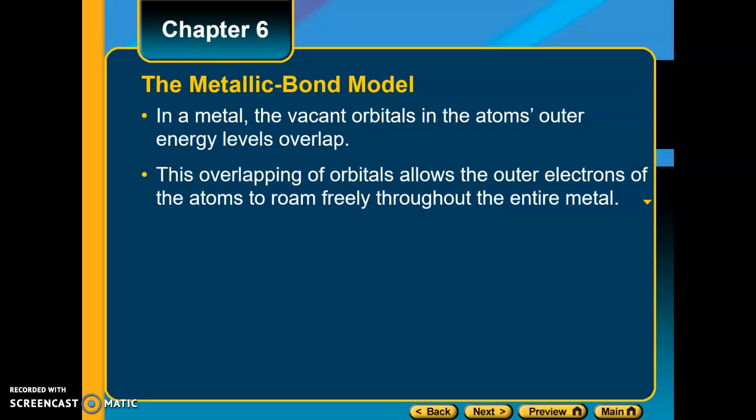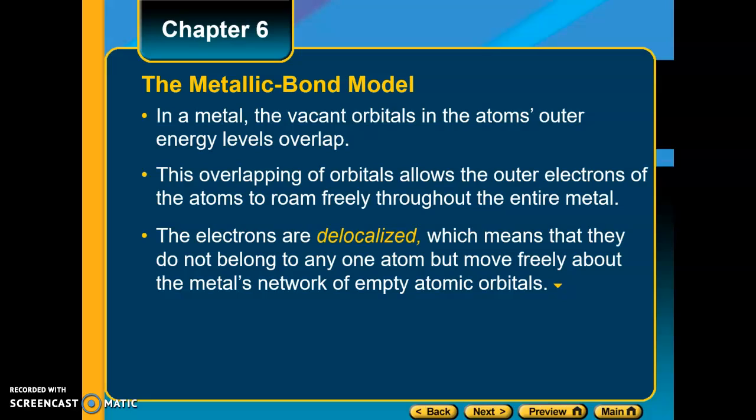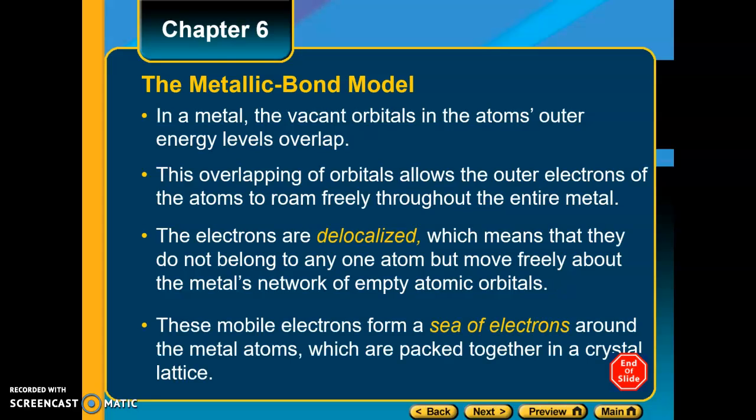What happens with these overlapping orbitals is it allows the outer electrons of the atoms to roam freely, not just around their own atom, but actually to move away from their own nucleus, their own atom, and be attracted to the nuclei of other atoms in that metal. Because of that, we say these electrons are delocalized. It means they no longer belong to just one atom, but instead move freely in this network of empty atomic orbitals. What this forms is known as a sea of electrons.